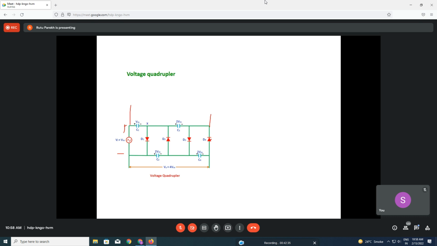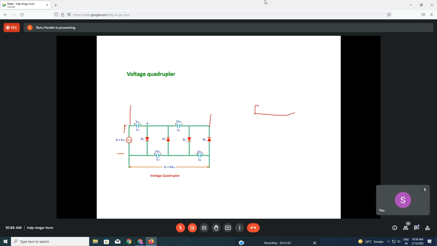So already the positive cycle is plus minus, the way they are connected here. Then what is happening? Only in the positive half this D3 is conducting, okay? Because of that, the voltage that is 2 VM will appear across this C. So this C2 voltage will appear across this C3, as we have just seen. Now for the quadruple you have to go to this stage, right?